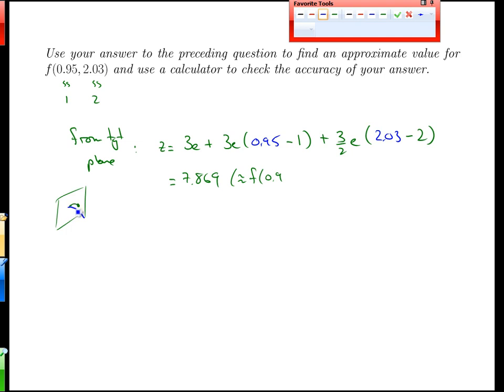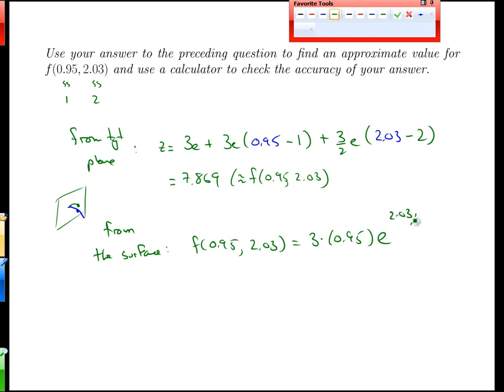We have the surface, and we're going to try to compare the z value we get from the surface. And let's just finish this off. 0.95, 2.03. And if we do the same calculation from the surface, f of 0.95, 2.03, that's going to equal 3 times 0.95 times e to the 2.03 over 2.